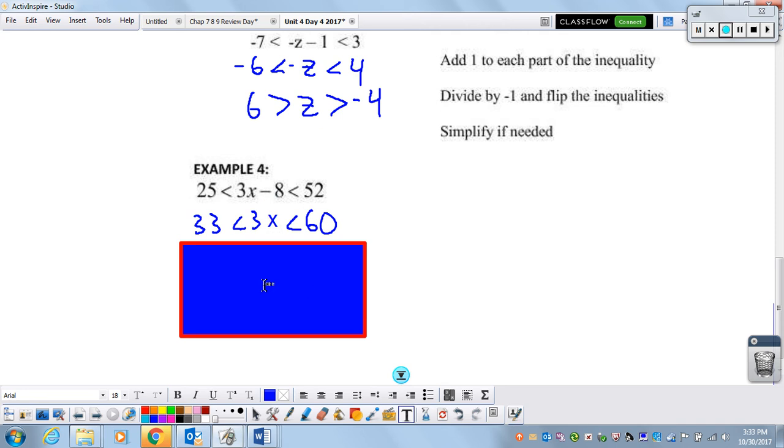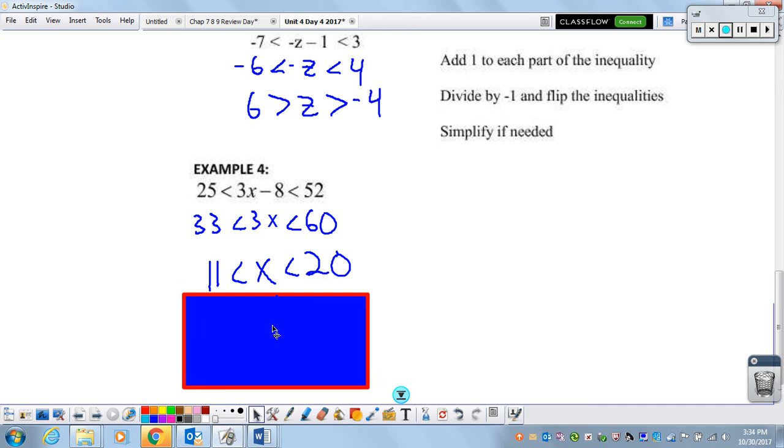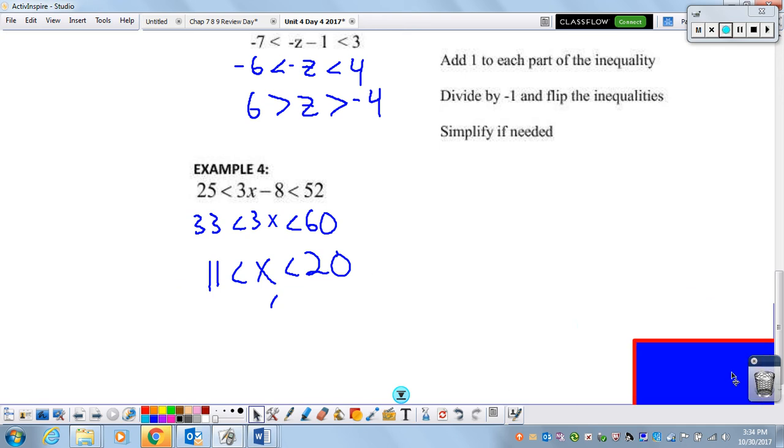Then we're going to divide all the sides by 3, which will leave us with 11 is less than x is less than 20. In this particular one, we're not switching the direction of the sign because we're dividing by a positive 3, not a negative 3.